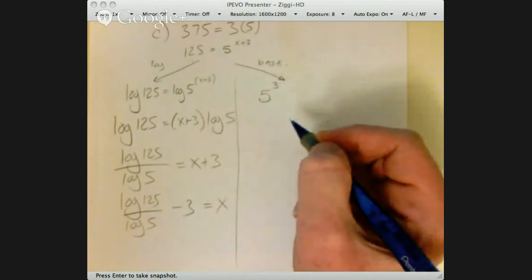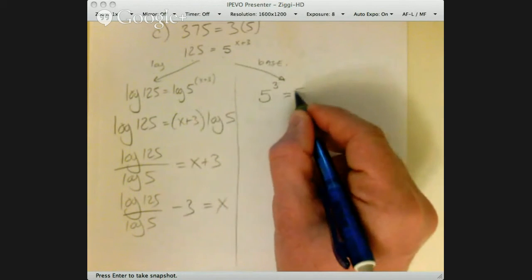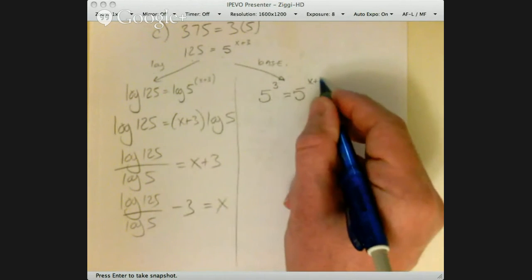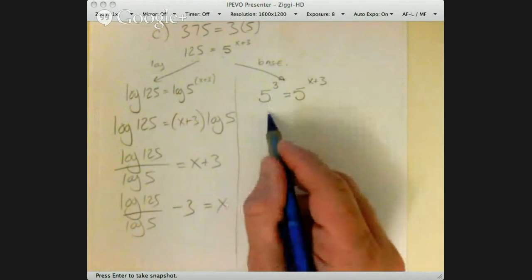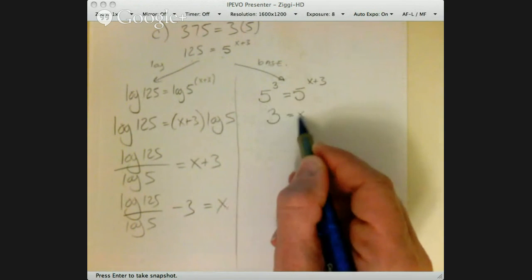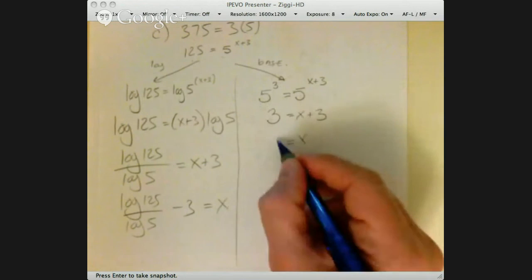Because I can write that, I can rewrite this problem as 5 to the third equals 5 to the x plus 3. Again, this only works when the bases are the same. Because I have it this way and the bases are the same, what you can now do is say, since these are this way, I can set the exponents equal to each other, and I can say that 3 is equal to x plus 3, or ultimately that x is equal to 0.